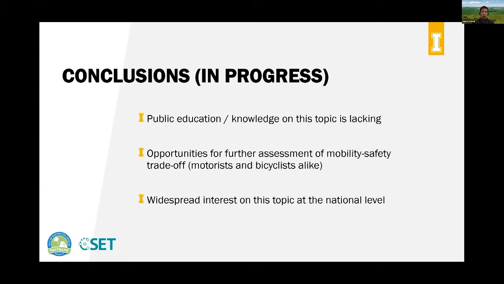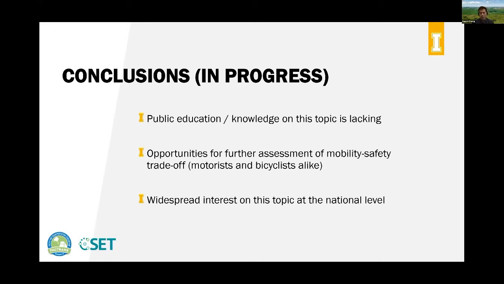There's a lot more work that can certainly be done, not only educating the motoring public, but also outreach to our bicycle population, letting them know what you can or cannot do at an intersection.